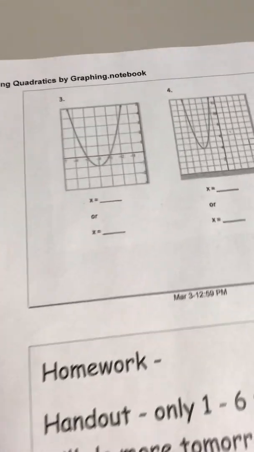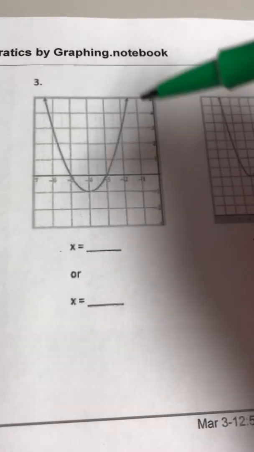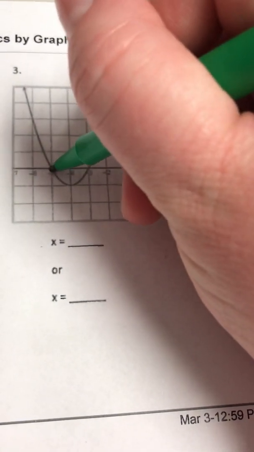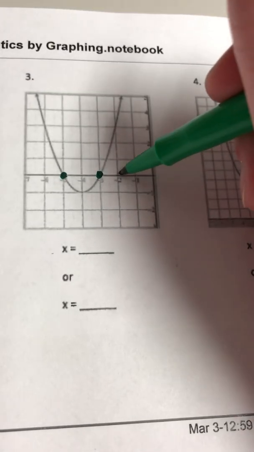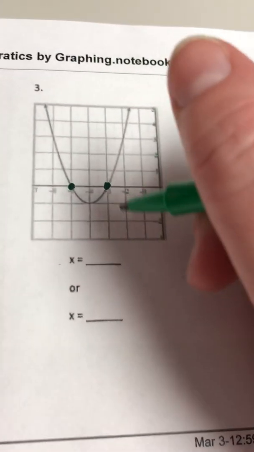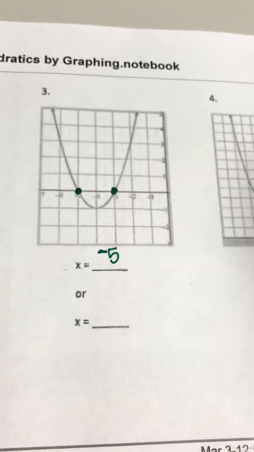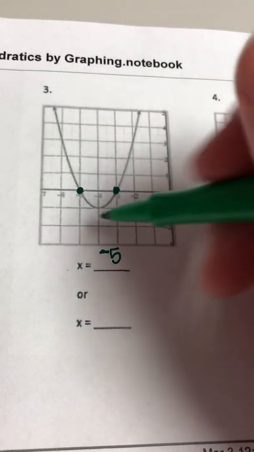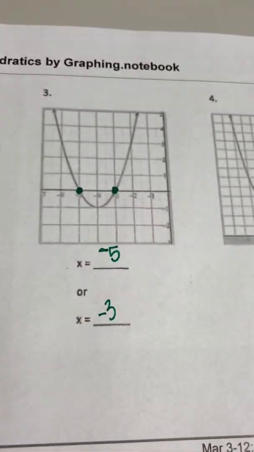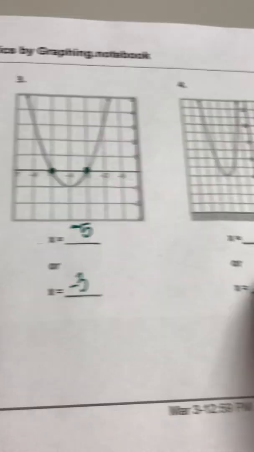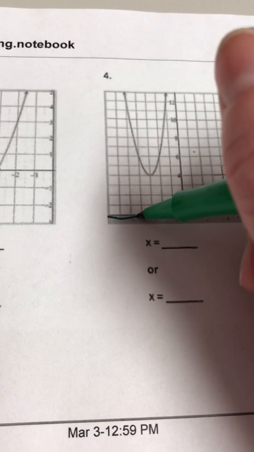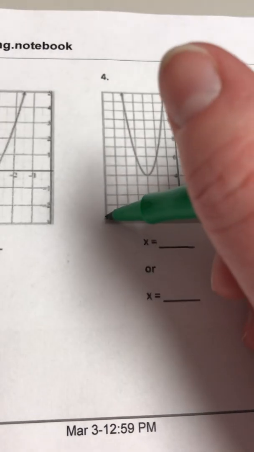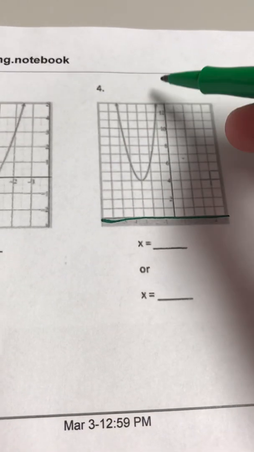Okay, let's try examples 3 and 4. We've got our x-intercepts here at, it looks like, negative 1, 2, 3, 4, 5, so negative 5 and negative 3. Those are our solutions. And here, our x-axis is way down here, and our parabola is up here.